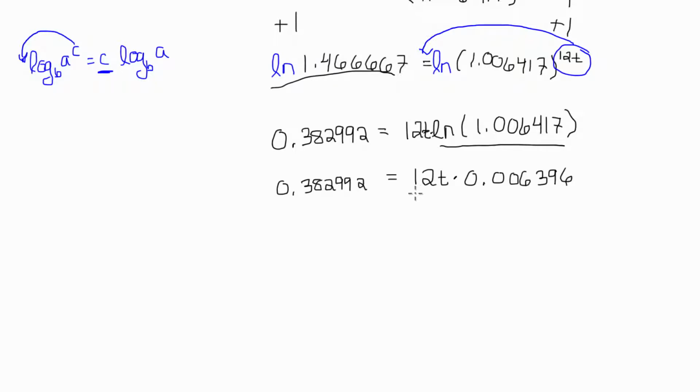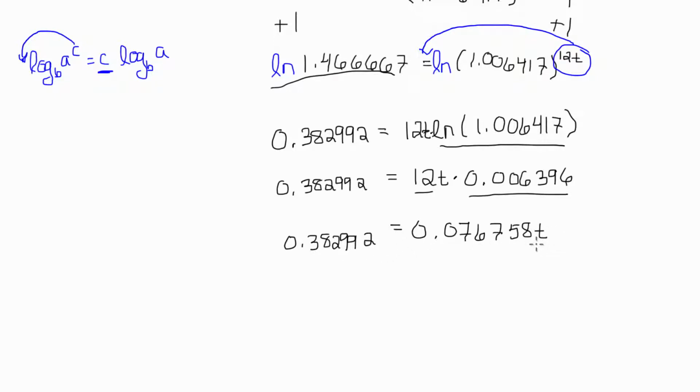Now this is all multiplication, so I can multiply the 12 and this number together, and that's going to equal 0.076758, and then of course times t, and that equals 0.382992. Oh my goodness, we are almost done.